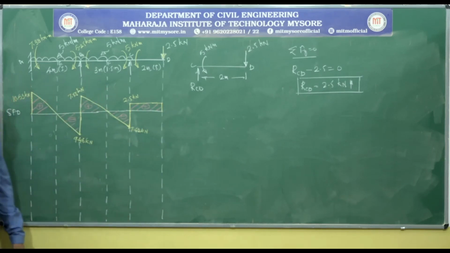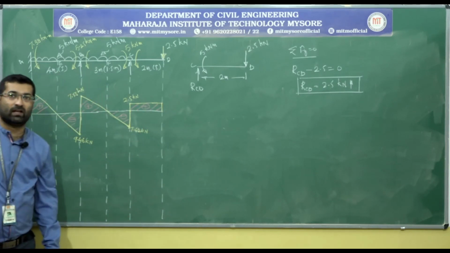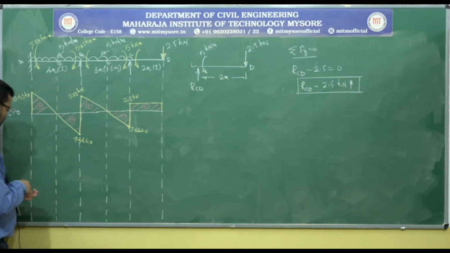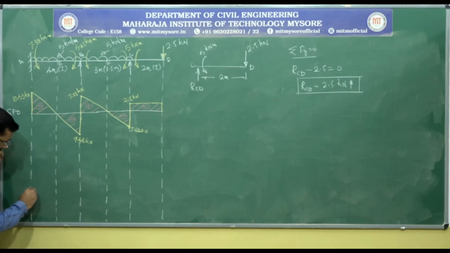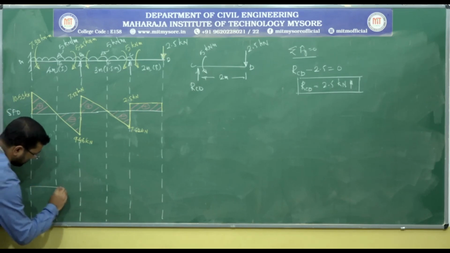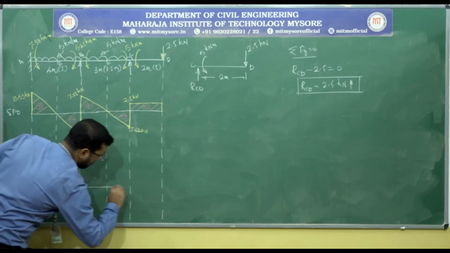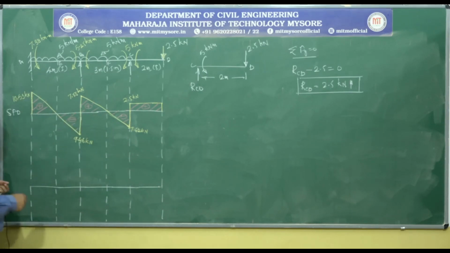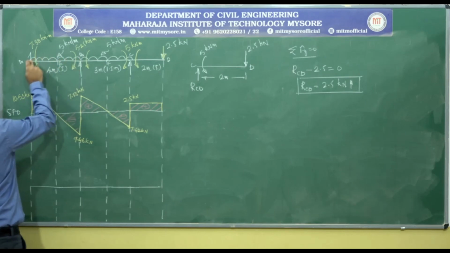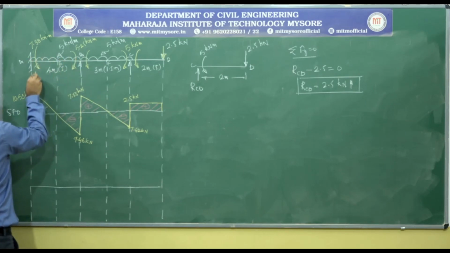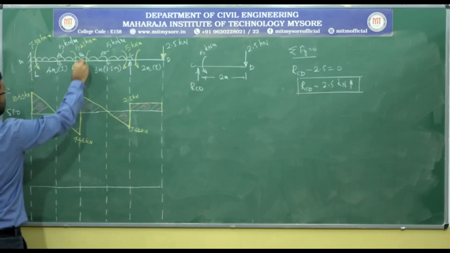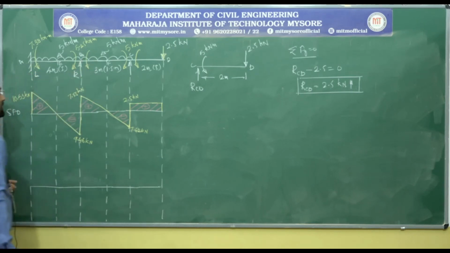In the similar way, we need to draw the bending moment diagram also. To draw the bending moment diagram, again I will mention the datum line. Now see here, to draw the bending moment diagram for the span AB, I will consider A as the left side and B as the right side.